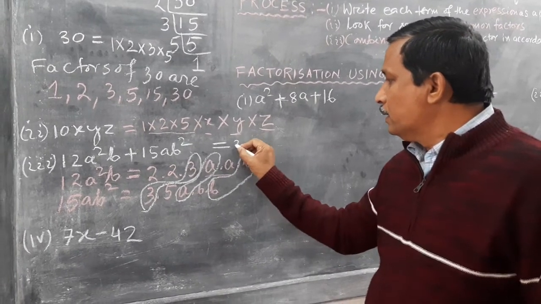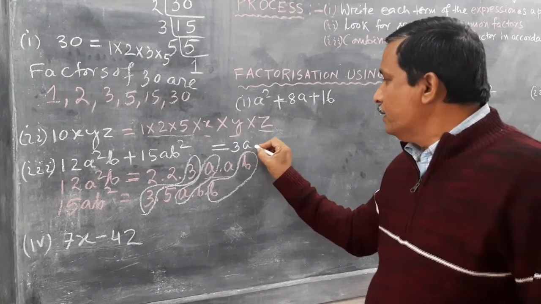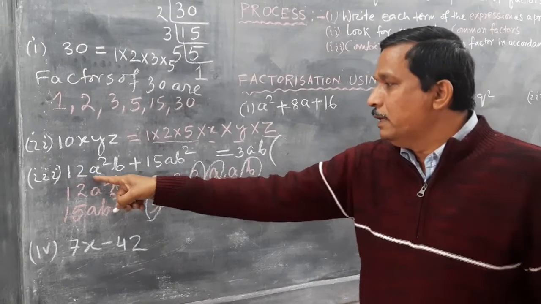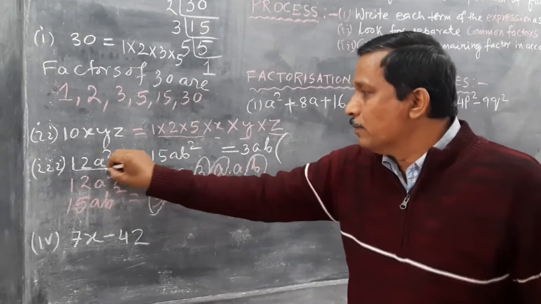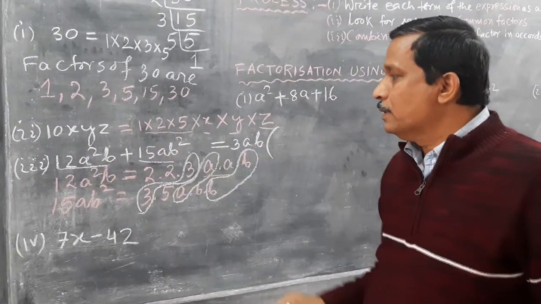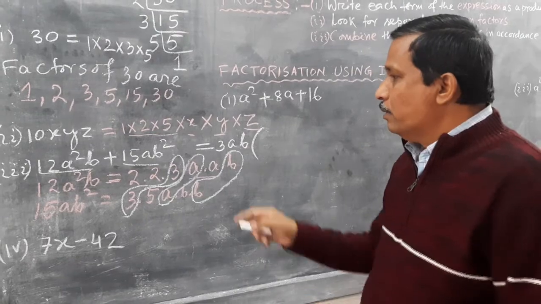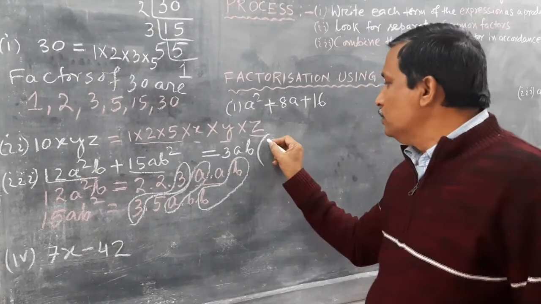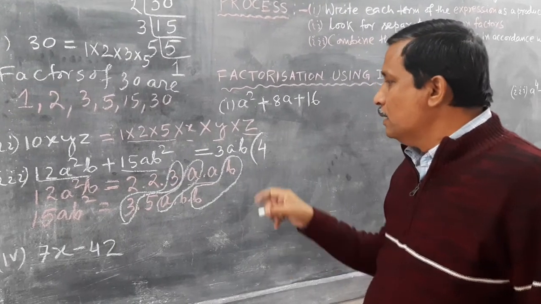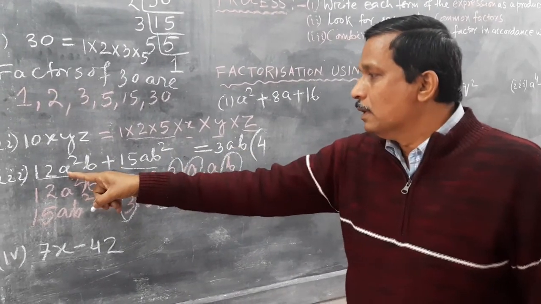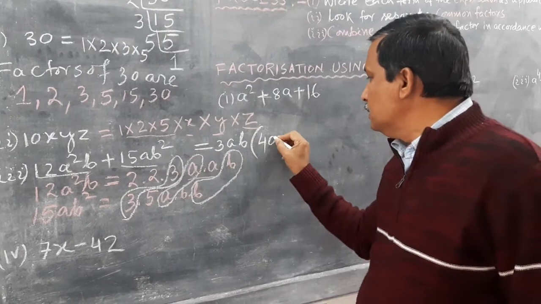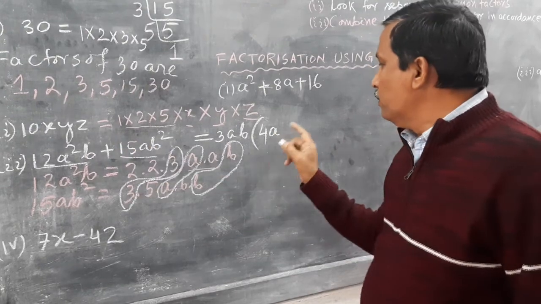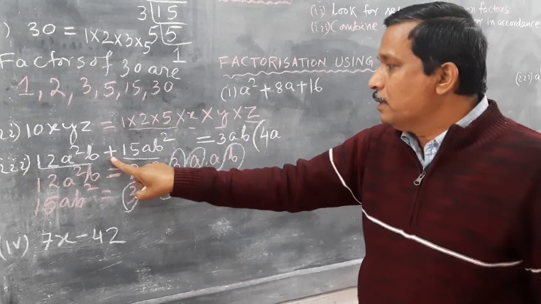So you take 3ab. So when you are taking out 3ab from this, because it has two terms, 12a square b and 15ab square are two terms. When you take out 3, then 3 4s are 12, so write here 4. Similarly, one a has gone common, so another a is remaining here. Similarly, b we have taken out. So only 4a. Next, if it is plus, then you write plus.